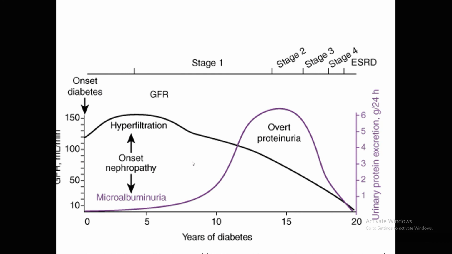This slide illustrates the outcome of renal failure in a patient with diabetes, with an initial compensatory hyperfiltration and further damage of glomeruli, a decline in renal function, and finally severe renal failure.